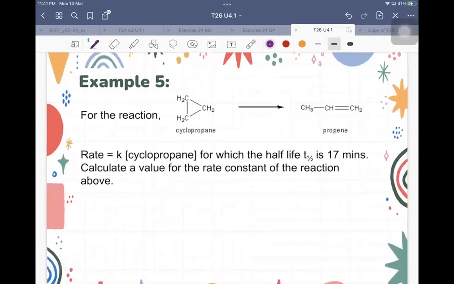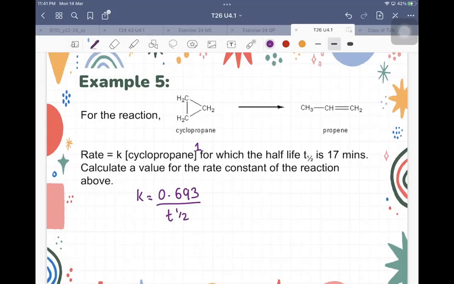So I'll move on to example 5. This time the rate is given as K times the concentration of cyclopropane, so that means cyclopropane is first order, because the square bracket is to the power of 1. You want to find K, which equals 0.693 over T half.